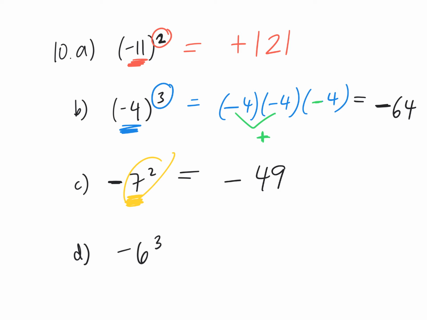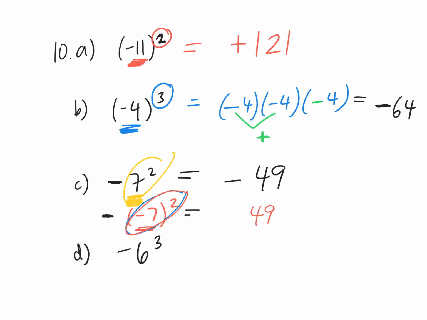If the question looked like this, actually, so if there was a negative outside the bracket, but then the base was negative, what's the answer to this one? Nope. Do this first. What is -7 to the power of 2?